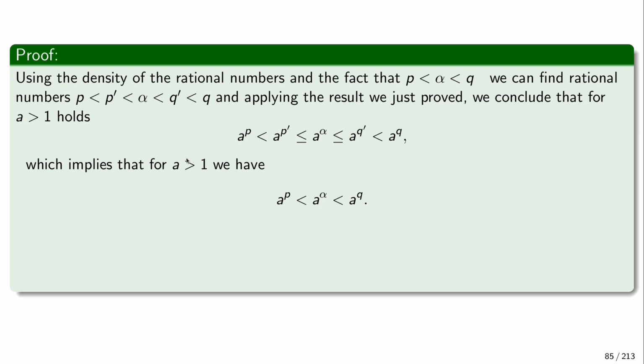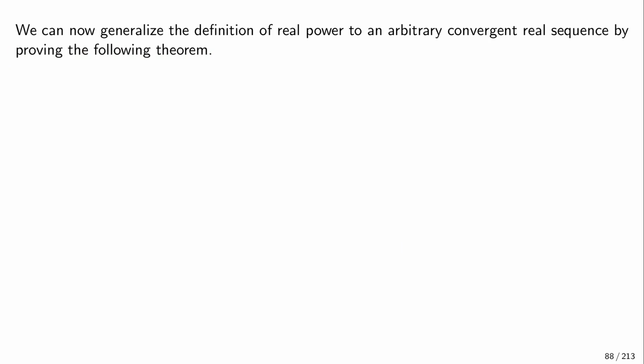So this implies that for a bigger than 1, we have this inequality, and for a between 0 and 1, the same argument applies and we get this inequality, and now the inequalities are strict. Now that we've proved this important inequality, we'll use it with the sandwich theorem to prove the following important theorem, in which we essentially generalize the definition of the real power in terms of not only convergent sequences of rationals, but rather as the limit of real sequences, sequences of real numbers.